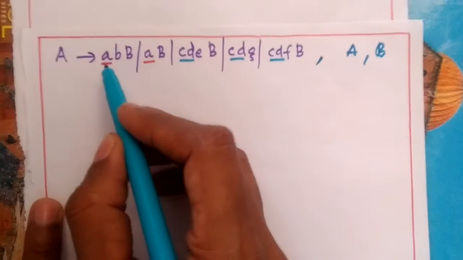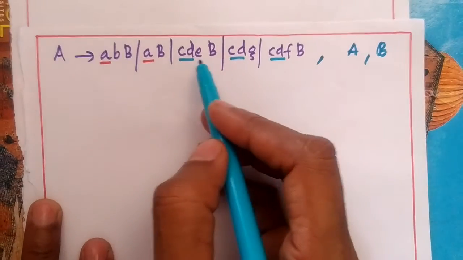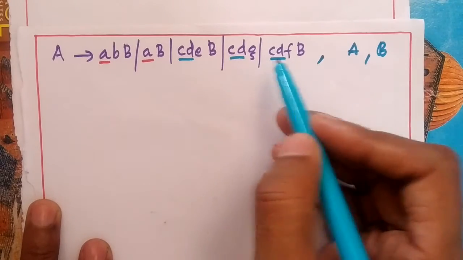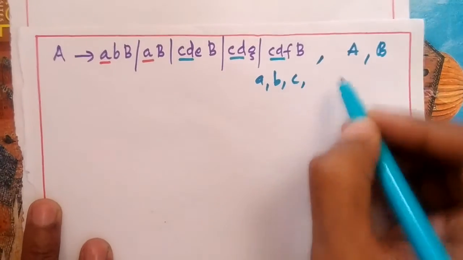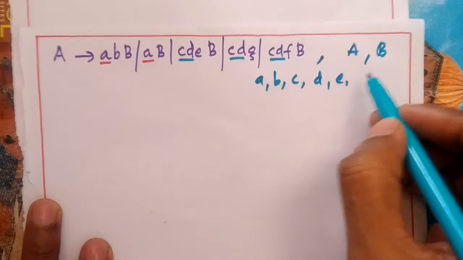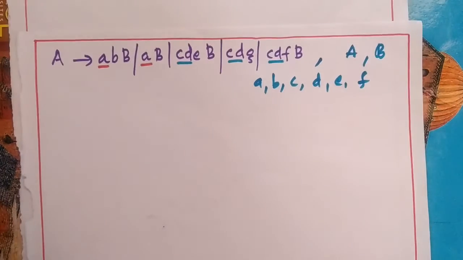The remaining symbols like small letter a, b, c, d, e, f, g are terminal symbols.